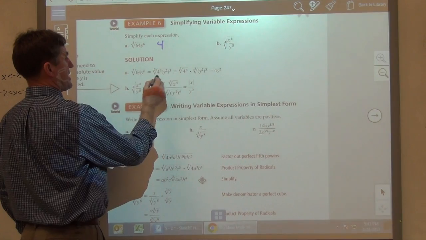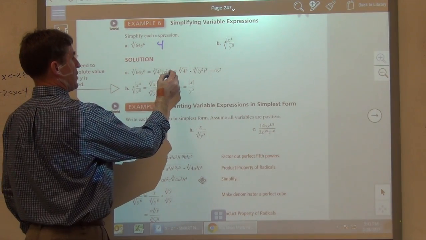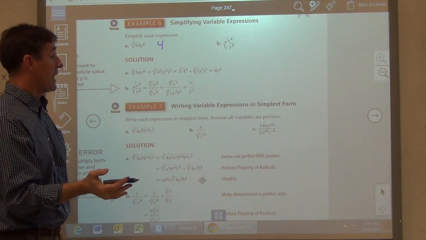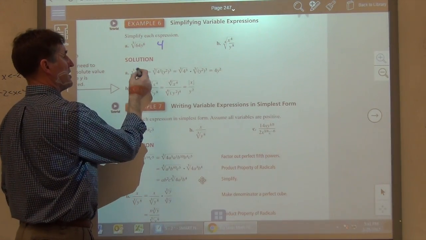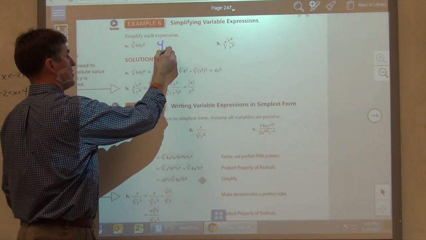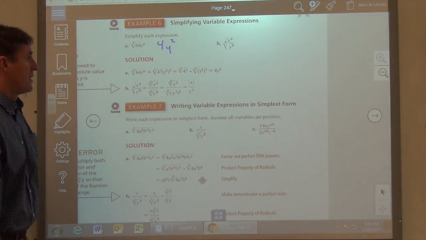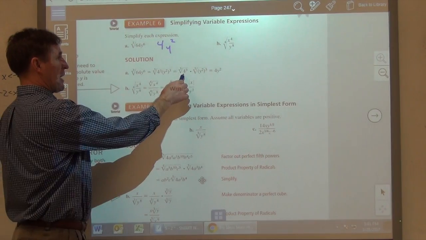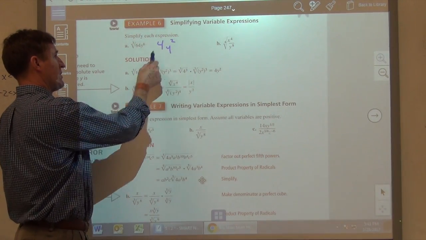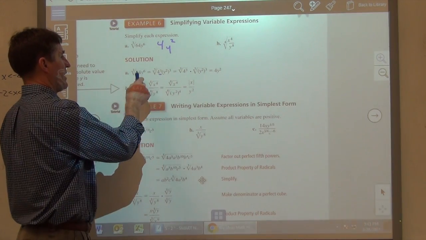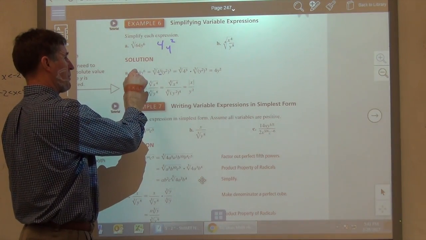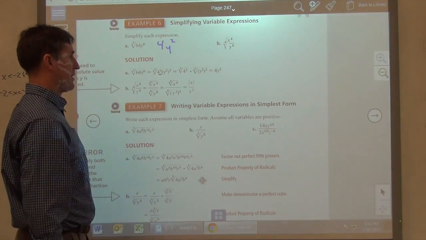They break that y to the 6th into y squared to the 3rd. And that's fine. If that helps you, by all means do it. But with powers, all you have to do is divide. So 6 divided by 3 is 2, so it's 4y squared. So you can break it up if you want, but if I know the cube root of 64 is 4, I don't need to break it into 4 cubed. If I know that this power is divisible by the index, then I can just go ahead and divide it.